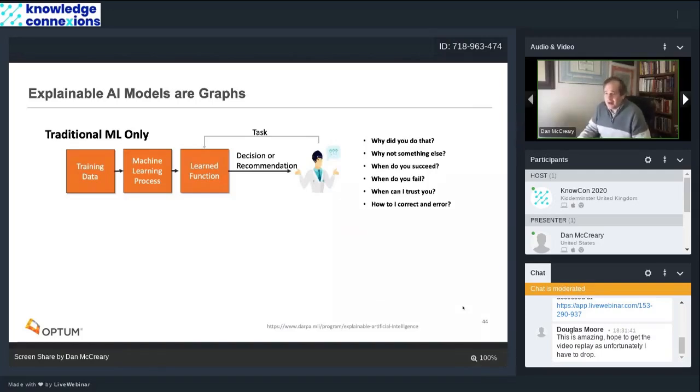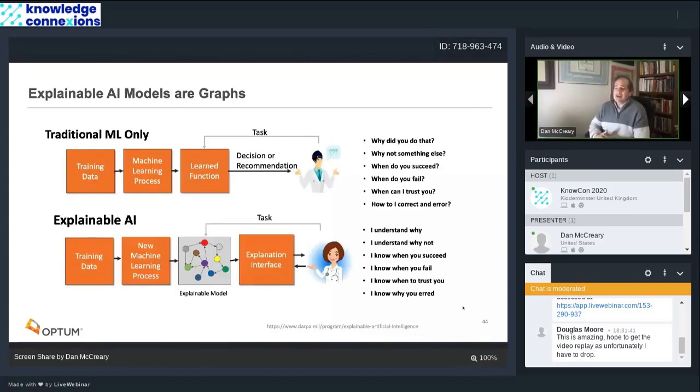What we're trying to do is get to this new era where we put an explainable graph model in between the machine learning process and the explanation interface. And that means that as we traverse this, we're building a document and we can explain why.